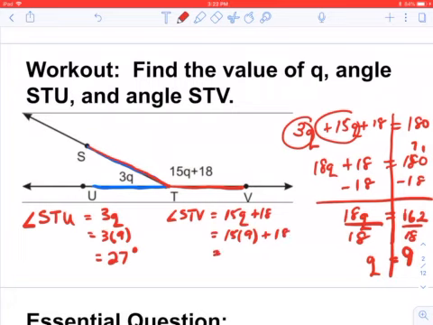Let's see, 30, 60, 90, 120, 135. 135 plus 18, which is 3, carry the 1, 153. And I can check those: 27 plus 153 is 180. Yes, it is. So then you get your two angle measurements and you solve for Q. Okay, so again, pay attention to making sure that you're making equations even for the simple ones.